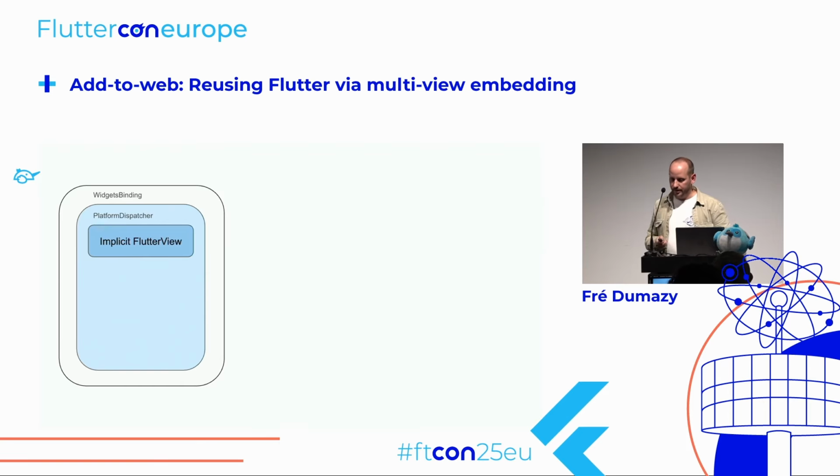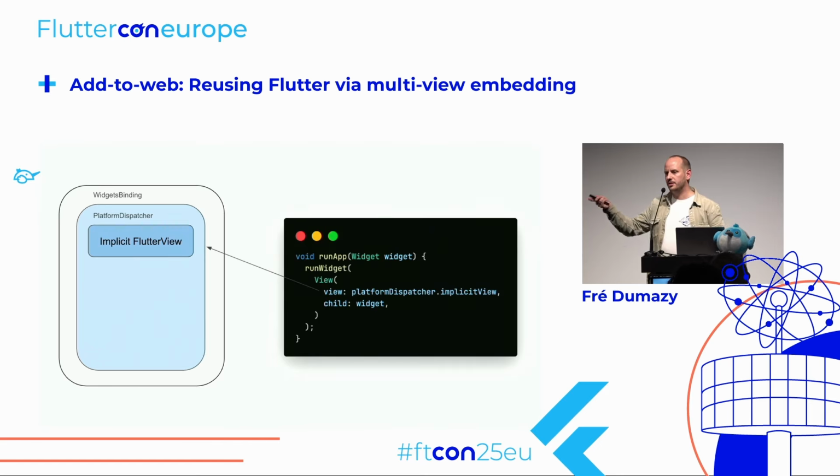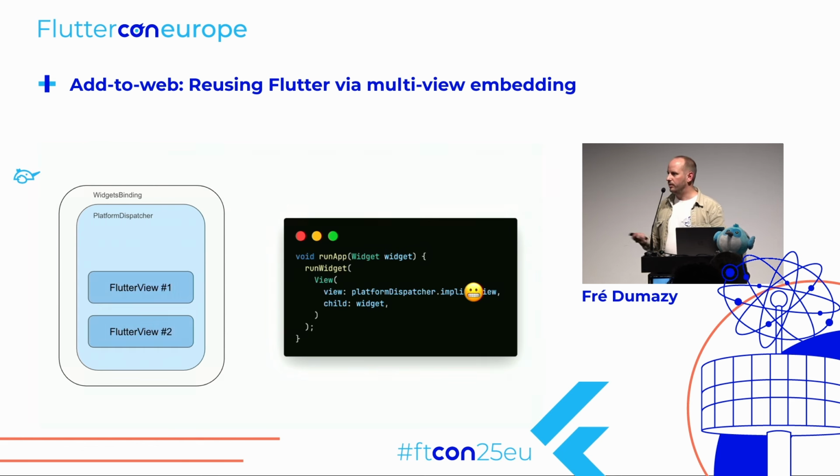The reason for that is that in a normal Flutter app, the platform will provide you with an implicit Flutter view because you only have one view in there. So this Flutter view is actually an area on the host platform in which your widgets can render. And what run app does is it basically calls run widget and just binds your widget to that implicit Flutter view. But what happens if you have a multi-view app?